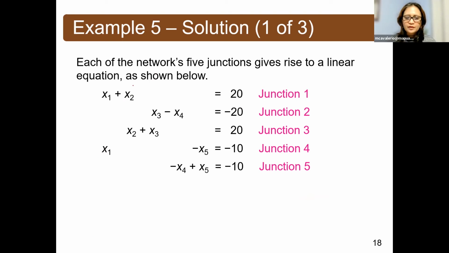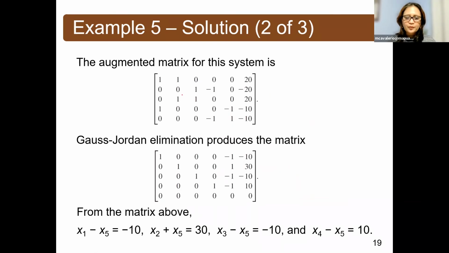So we have here the conservation principle at the different junctions, and we come up with the augmented matrix for the system. Then, by applying Gauss-Jordan elimination, the reduced row echelon form will be the following. Notice that we ended up with a row of zeros.